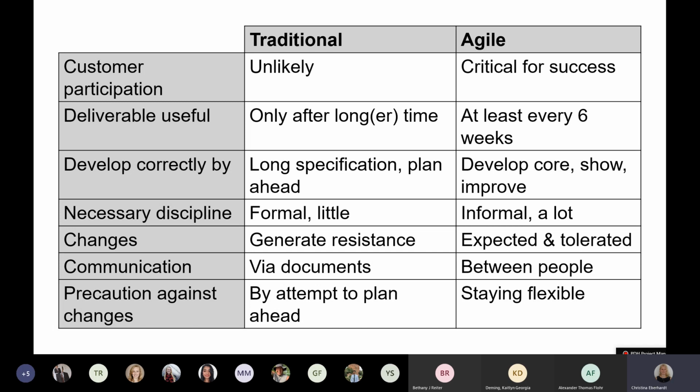Over there, it's important that the customer is in there. In fact, if the customer doesn't really participate in an agile process, there is no agile process, and the development process will fail for sure.